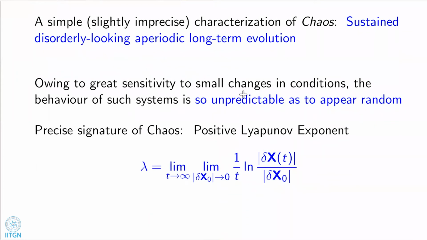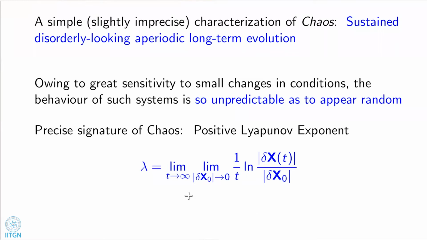So if I had to have one quantitative signature of chaos, I would say it is the positive Lyapunov exponent, which is precisely given as this, where these are the infinitesimal differences between nearby trajectories. So it captures the rate of growth or the rate of exponential divergence of nearby trajectories. But do realize that this particular definition is pretty hard to actually calculate because it involves two limits, both of which are very delicate.